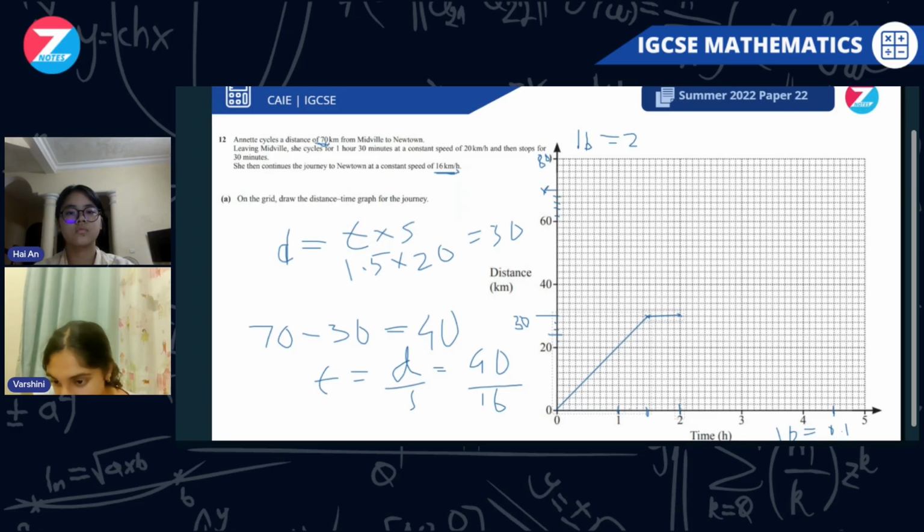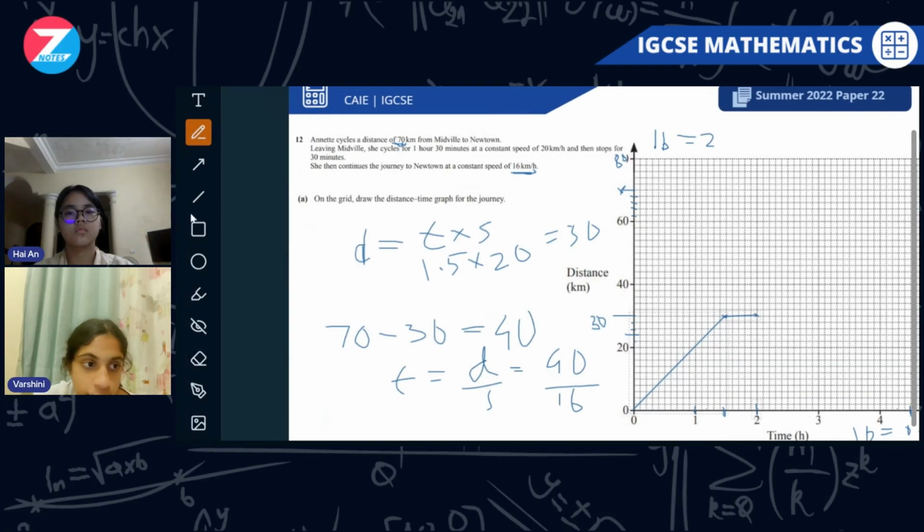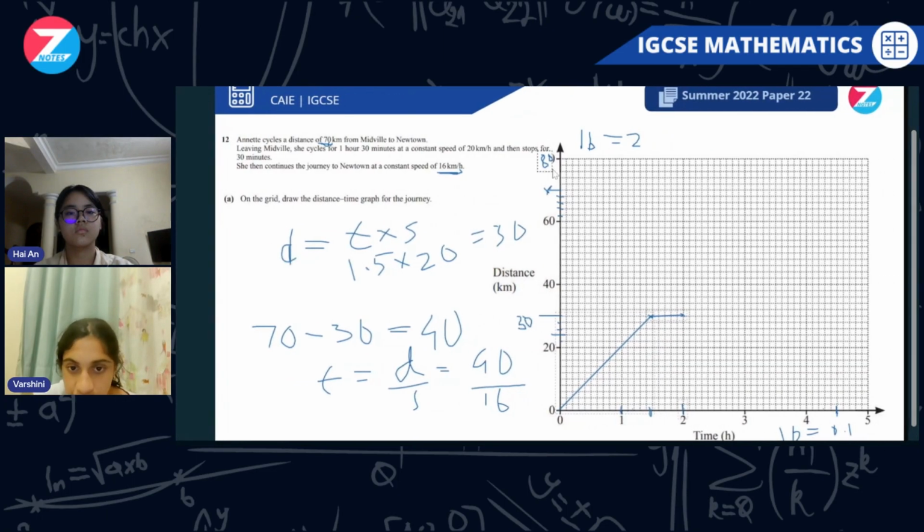If you want, you can count the boxes: 1, 2, 3, 4, 5. And we know at this point she's going to reach her destination at 70. So use your scale and trace the line all the way down from here to 70, which is right here.